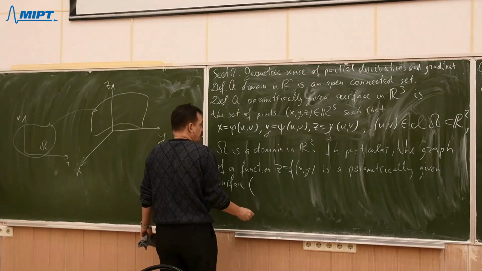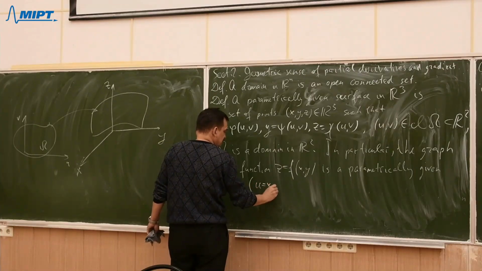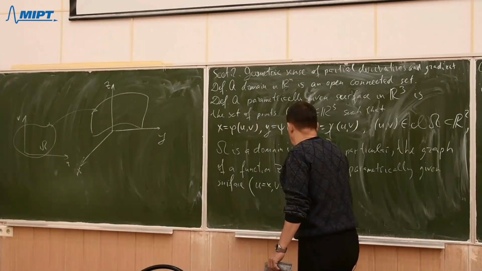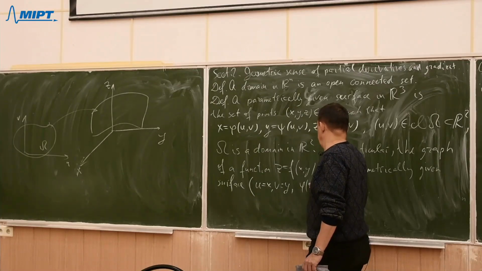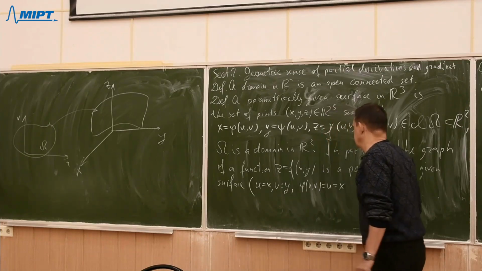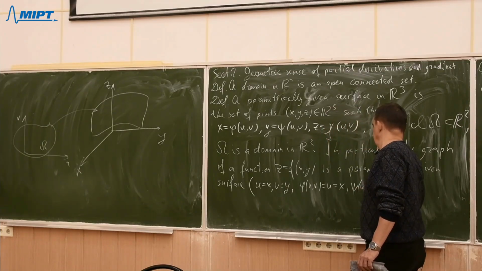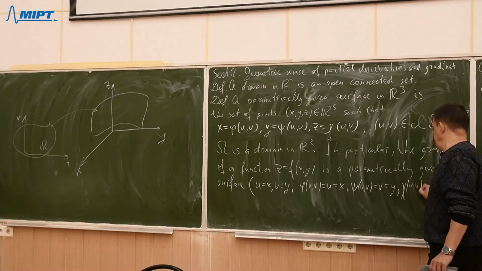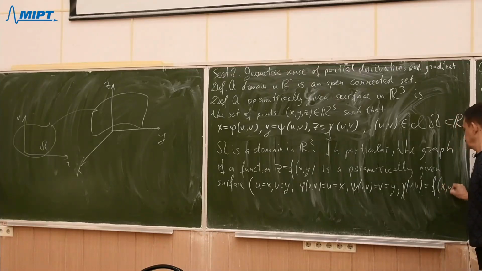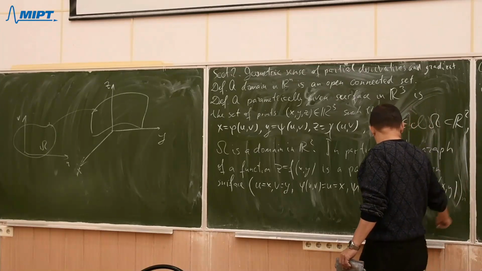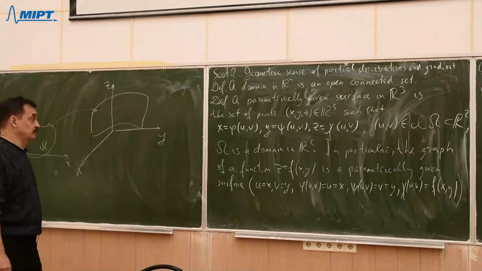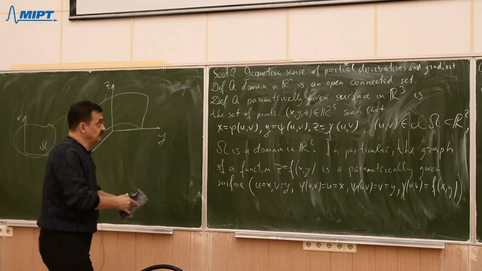Because here we have u is x, v is y, so it means phi of (u, v) is precisely u, which is x, right? Psi of (u, v) is precisely v, which is y, and the third function is f of (x, y). That is what happens when we want to consider the graph of a function.